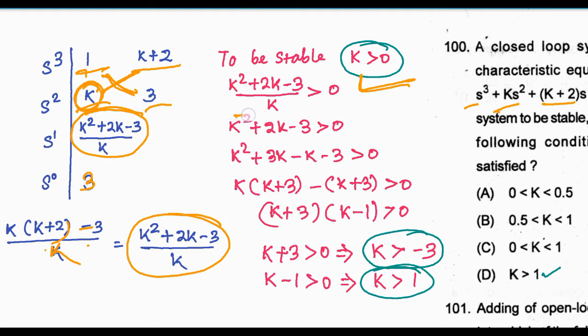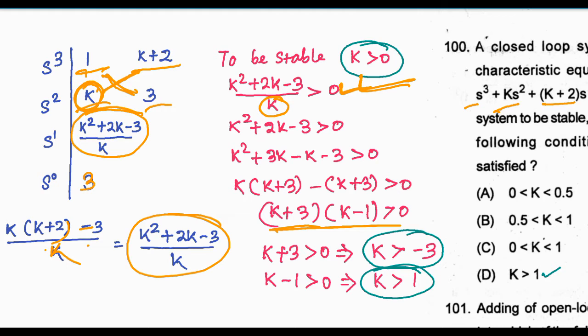Since k is greater than 0, we can multiply on the right hand side, and this will be k square plus 2k minus 3 greater than 0, and k square plus 3k minus k minus 3 is greater than 0. If we simplify this one, this will be k plus 3 into k minus 1 is greater than 0, and here k plus 3 is greater than 0, that means k is greater than minus 3. Again k minus 1 is greater than 0, that means k is greater than 1.